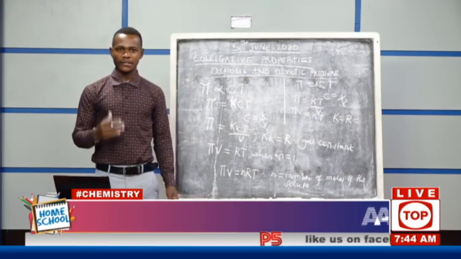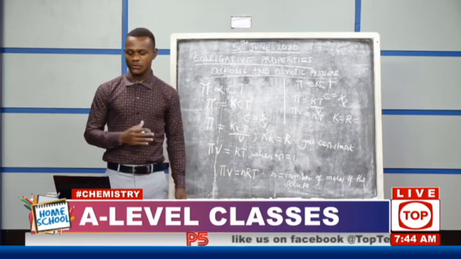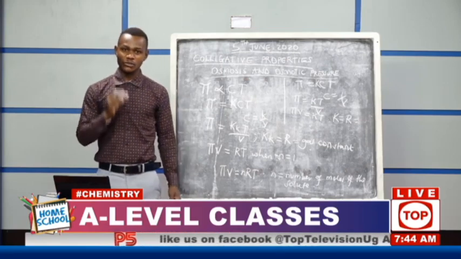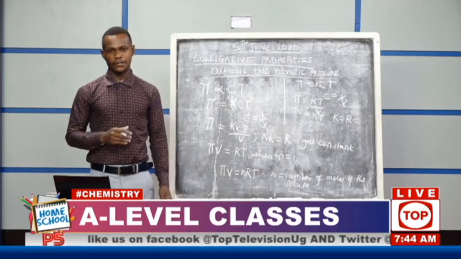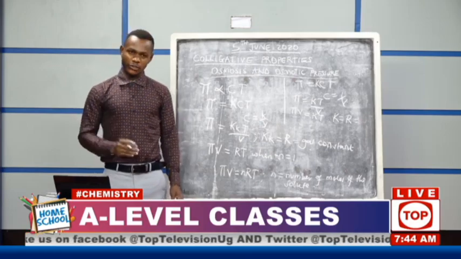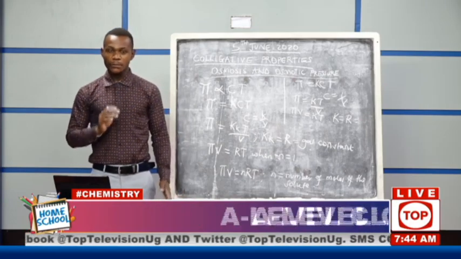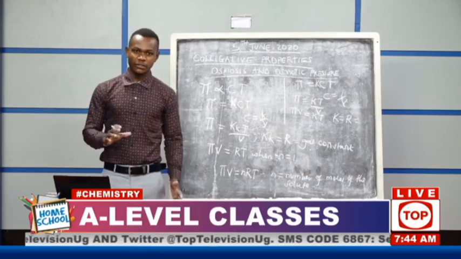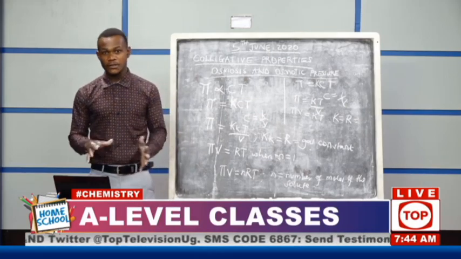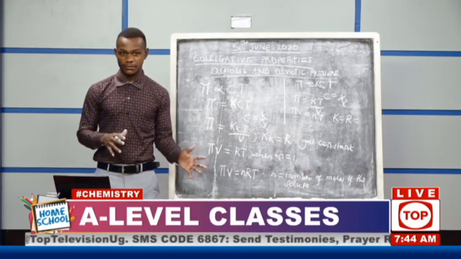Limitations, we have been emphasizing them, but majorly in this one we have to say that the solute should be non-volatile. There should be no association or dissociation. In the beginning we looked at association and dissociation.